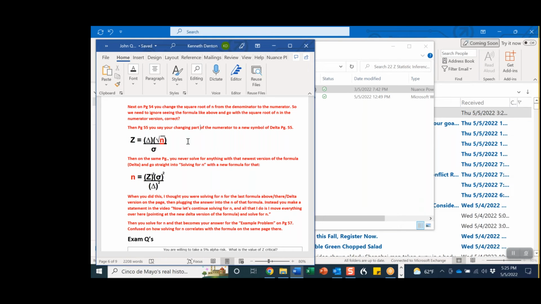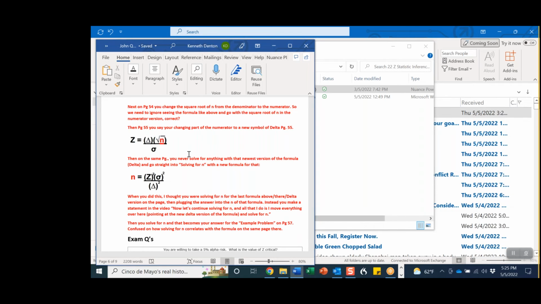Square root of n will equal z times sigma divided by delta when you do the algebra on that. Is that true? I understand what you're saying, but I'd have to play that out in my mind a little bit. Why is it that you're saying that? I'm not understanding that part.